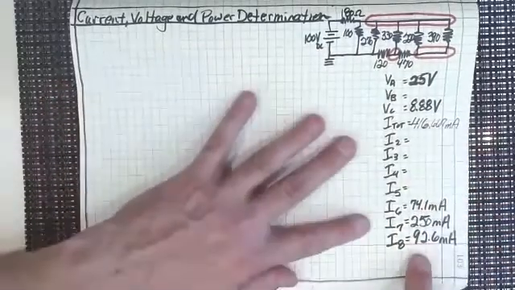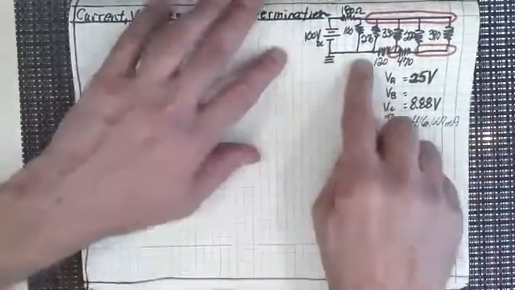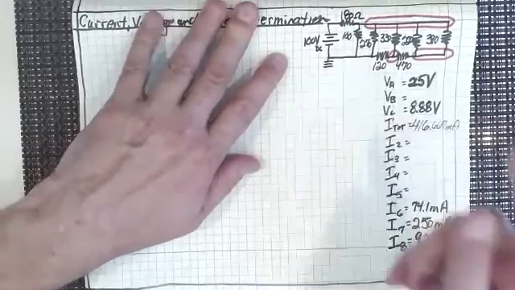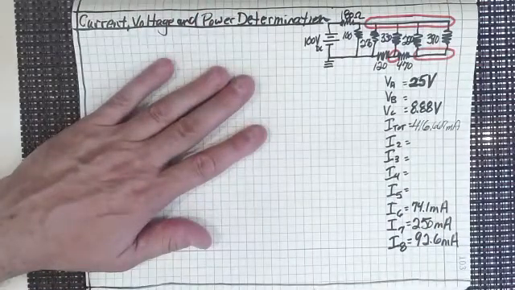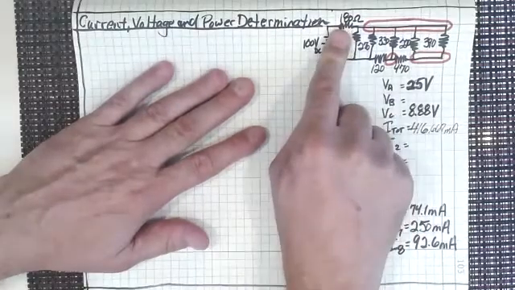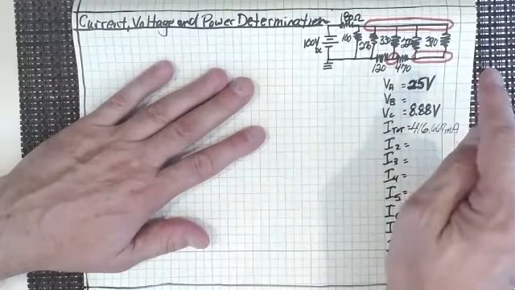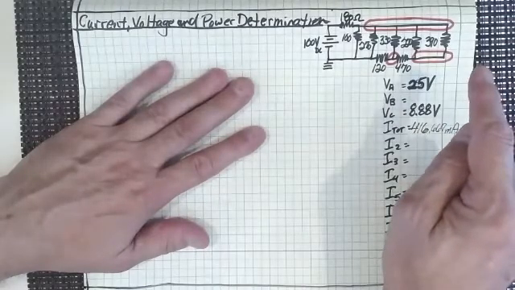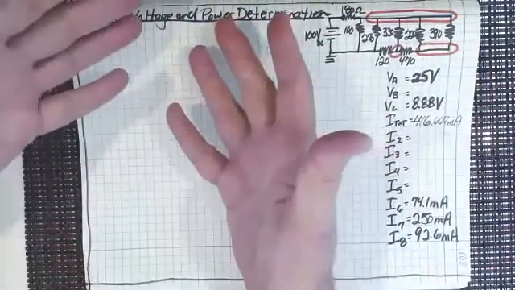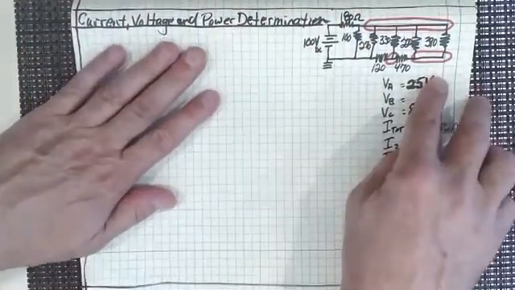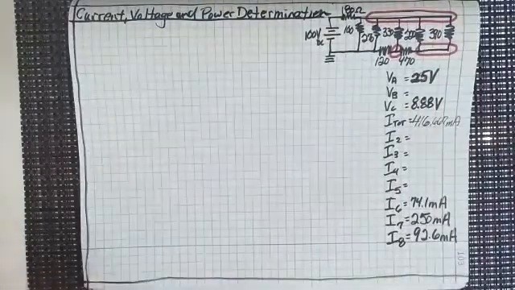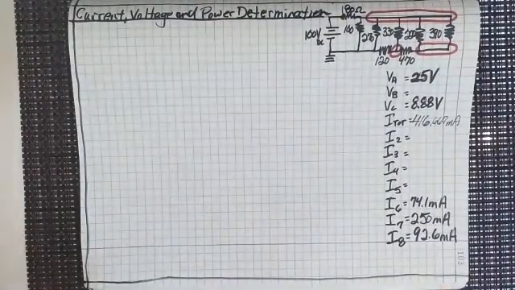You can see that we've already found the current going through several of them, right? So we know what the current is. I'm trying to remember what, R1, and then, oh, I've got it written on the last page, but I've written all those down here. And we know what the voltage is up here.